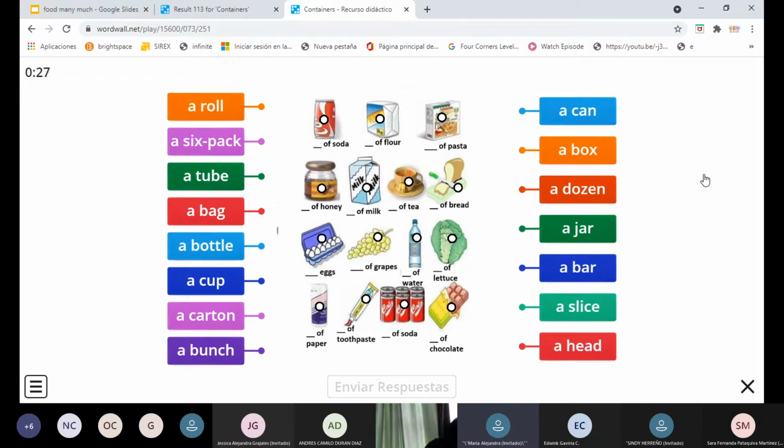Oh, flour. Flour suena como una flor, también son homófonas, suenan iguales. Flower. Okay. A bag of flour. Great. A cup of tea. A carton of milk. Great. A bunch of grapes. Good. A head of lettuce.